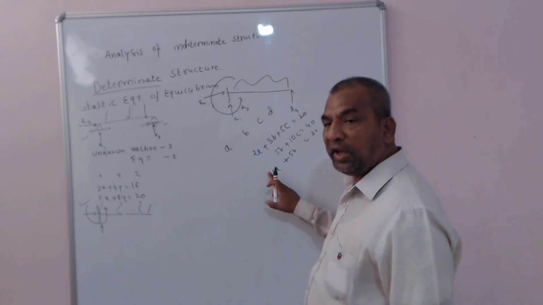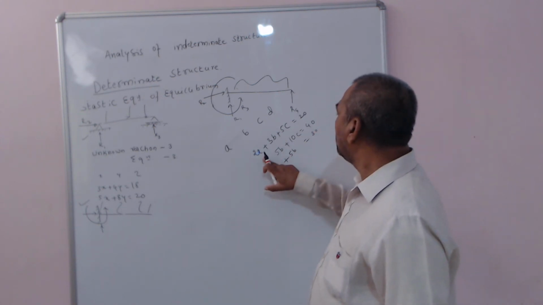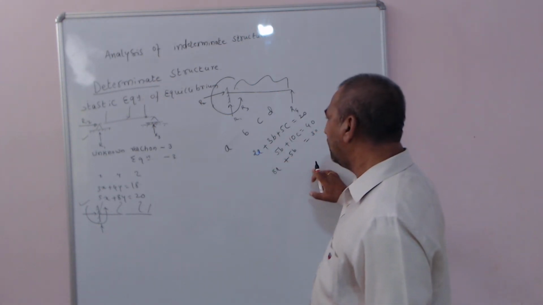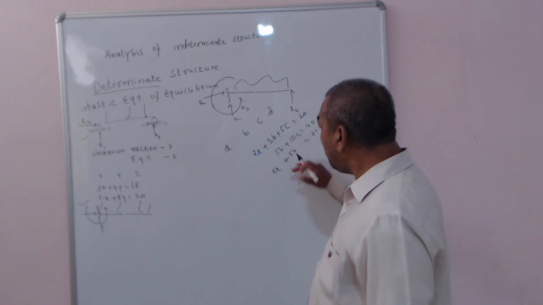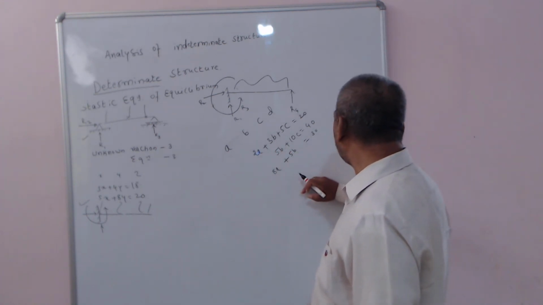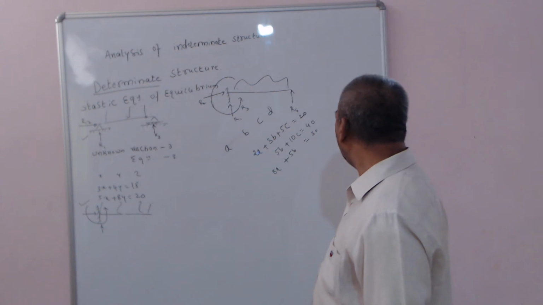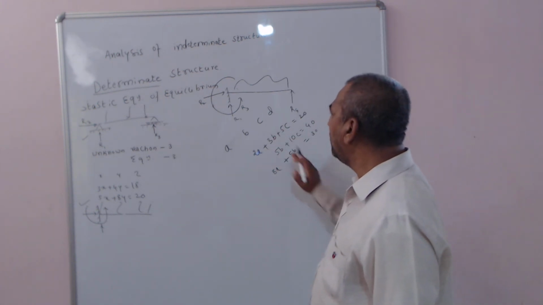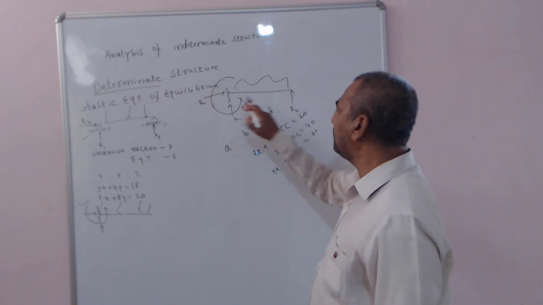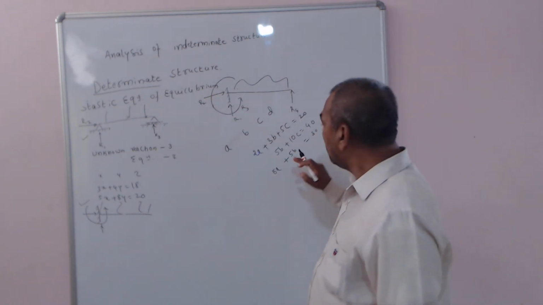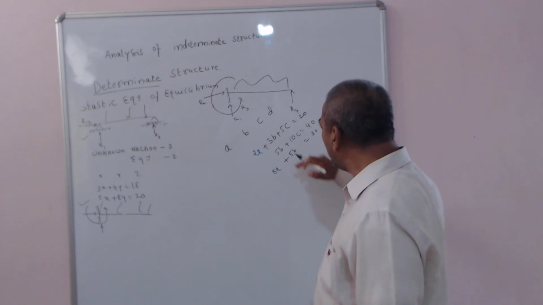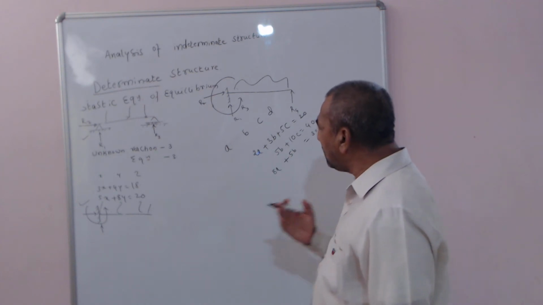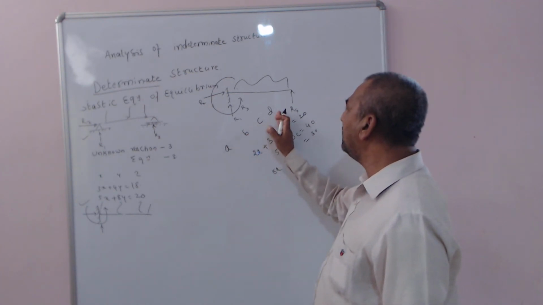Can you get the values of a, b, c, d here? No. You are in need of an additional equation to get the unknowns. You are in need of one more additional equation. Then only you can get the values of all these unknowns. That is why, using these equations, I cannot determine a, b, c, d.